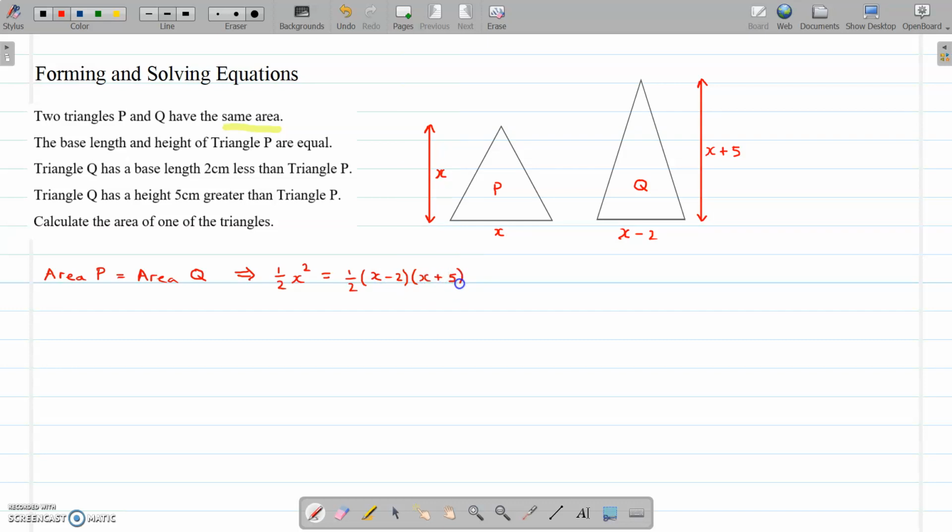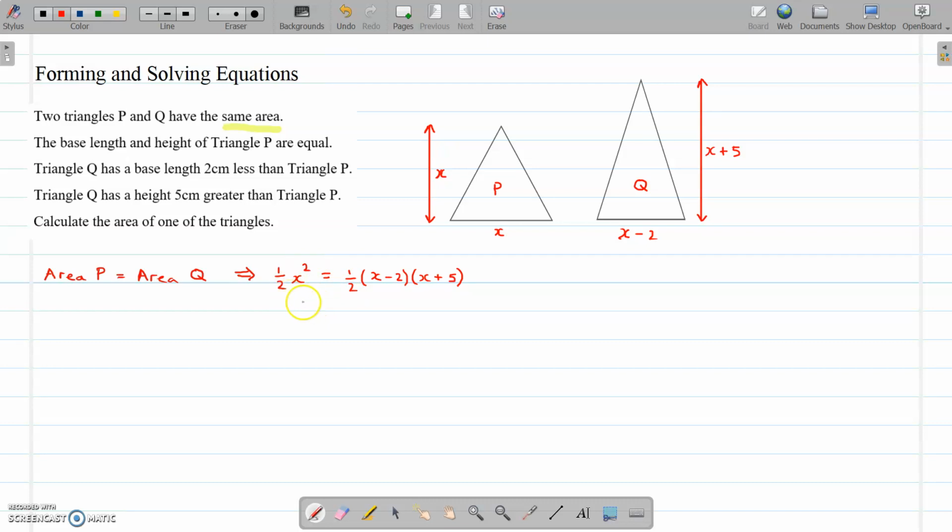Okay, now there are certainly marks for forming an equation like this. That would carry quite a few marks so far, just by writing all this down. Now we have to process this further. So half x squared, the first thing I can do is, because they both have a factor of a half in them, I can just take that out, and that removes the half.